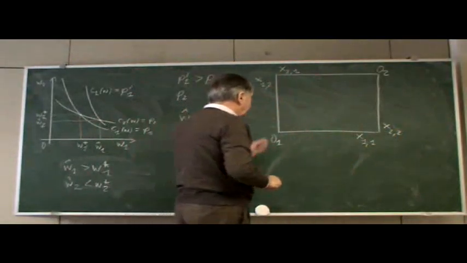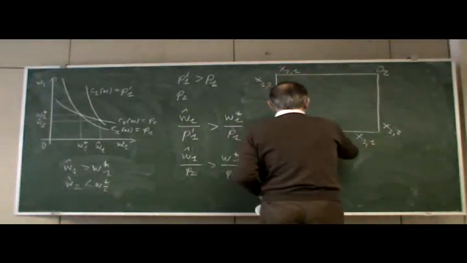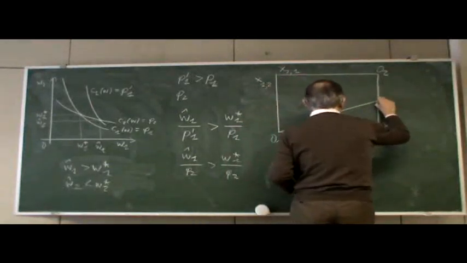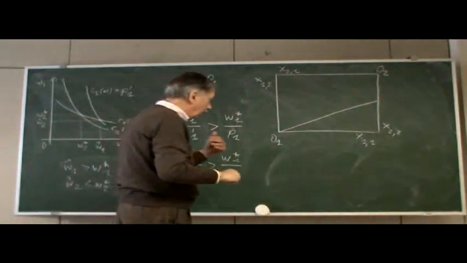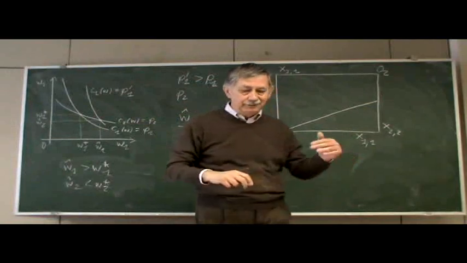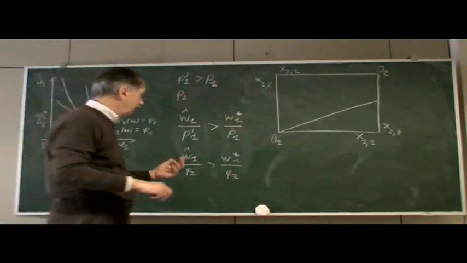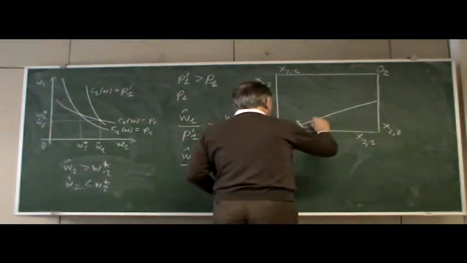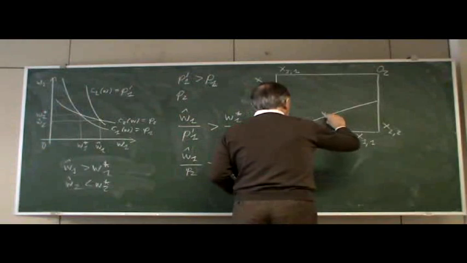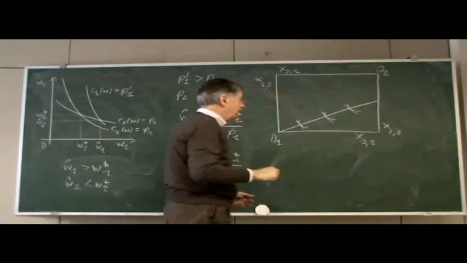And trace in this box the so-called expansion path of the firms. Do you remember? The expansion path is the locus of optimal combinations of factors where the level of production varies. Since there are constant returns to scale, this expansion path is linear.